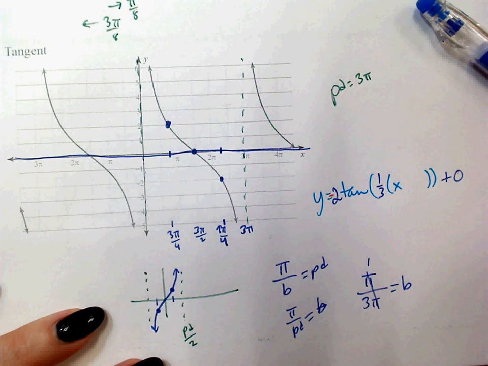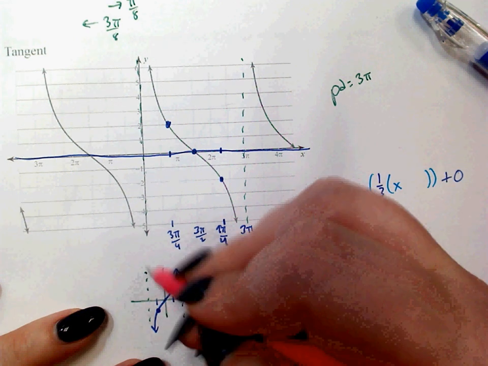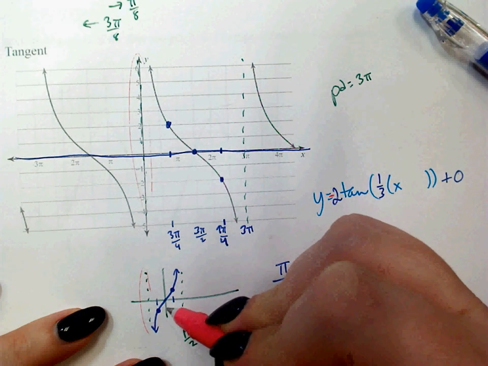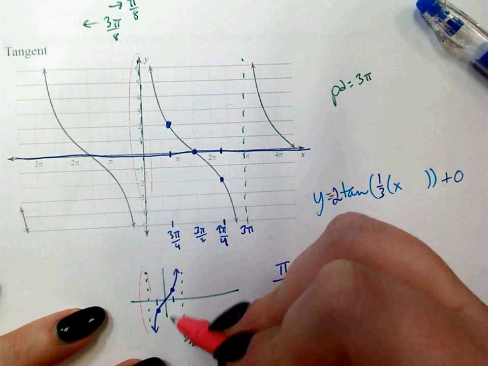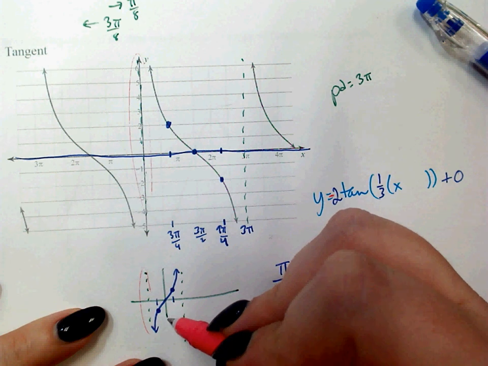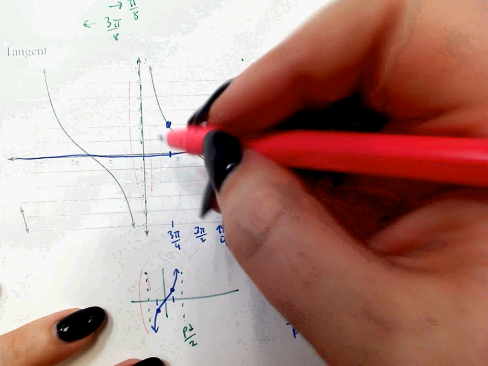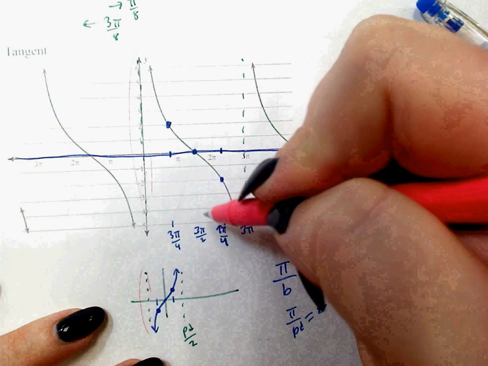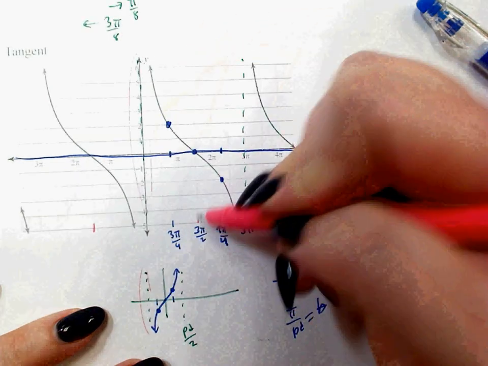Okay. And then, where's the vertical asymptote? Because that's an easy one to do. So this vertical asymptote, it looks like I could make it be this one. So it looks like it shifted to the right, to the y-axis. So if normally it was at 3 pi over 2, so if I think about 3 pi over 2 being the half on a normal tangent, right?